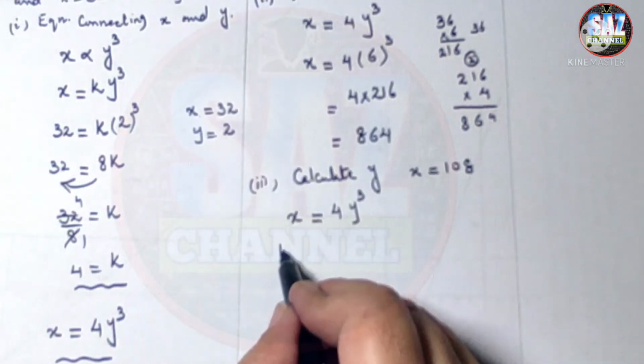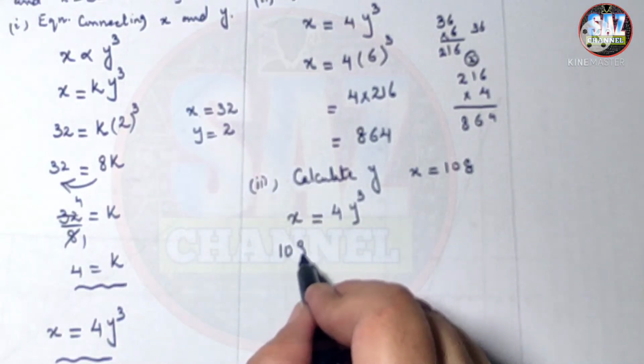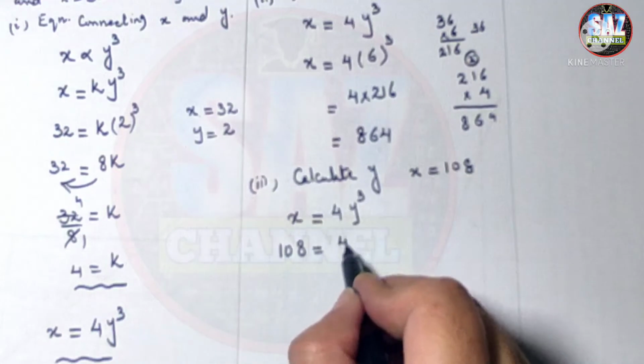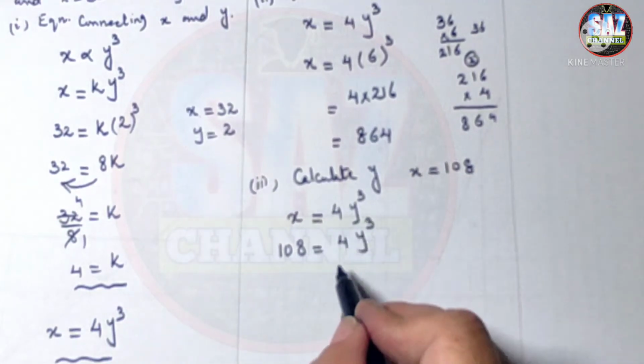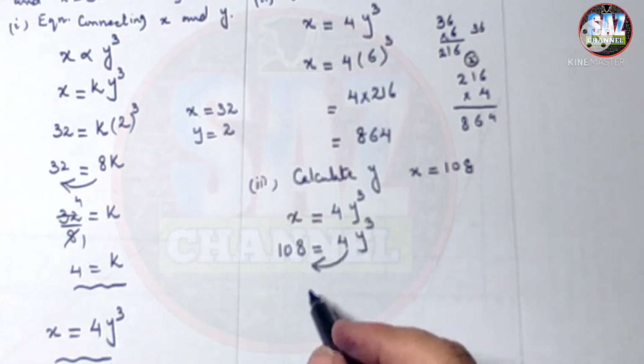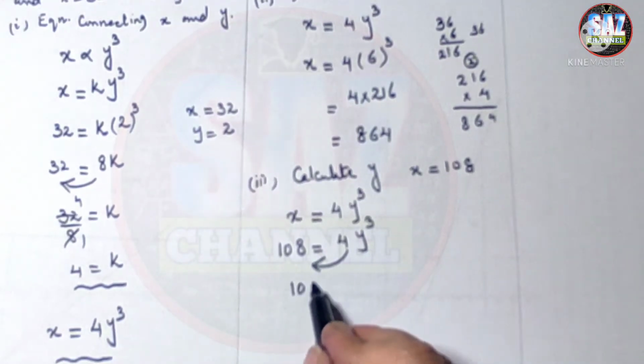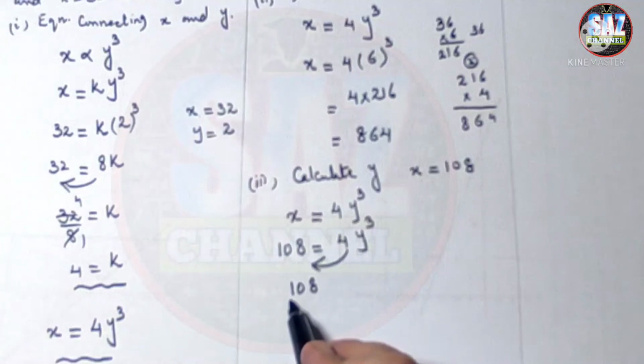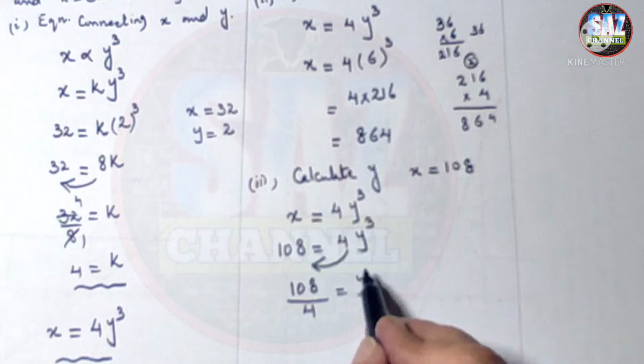Now students, we are given the value of x, 108 equals 4 times y cube. And now as we need to find the value of y, first we have to isolate that letter. We have to make the coefficient 1 by shifting 4 to the other side, which is equal to y cube.